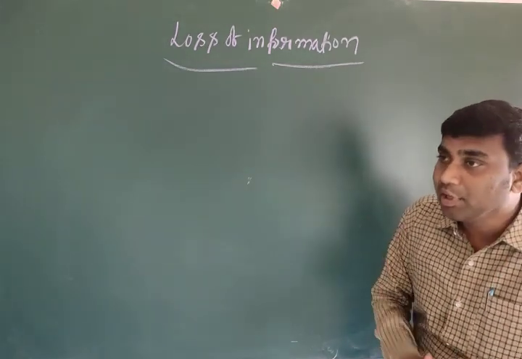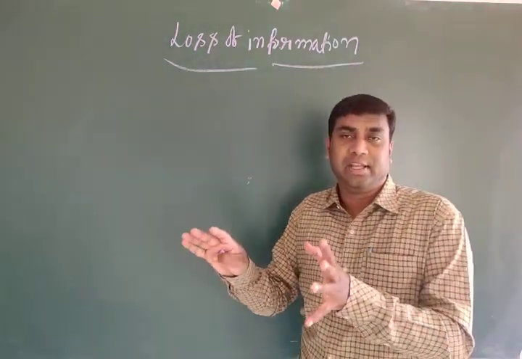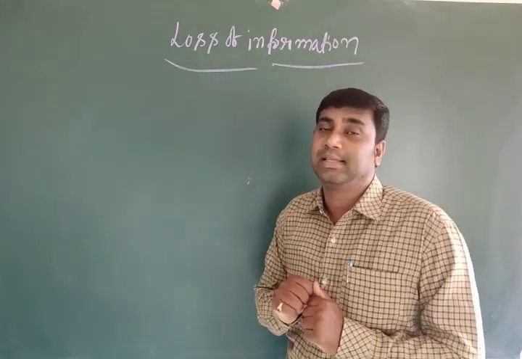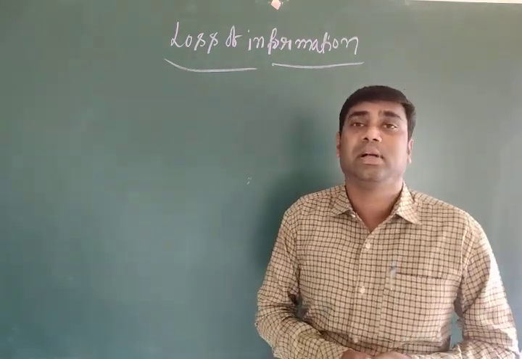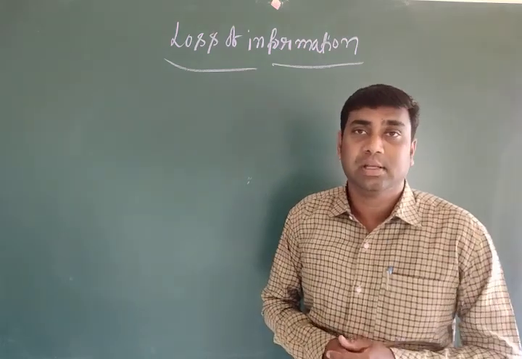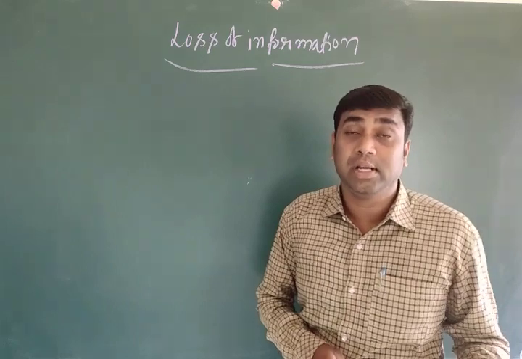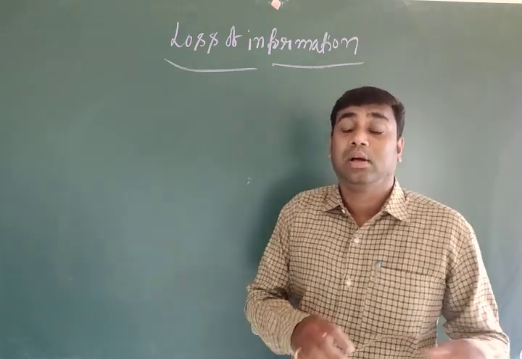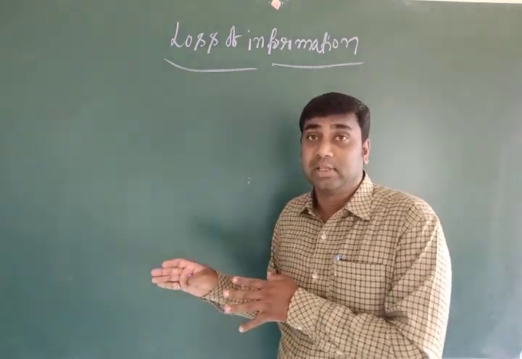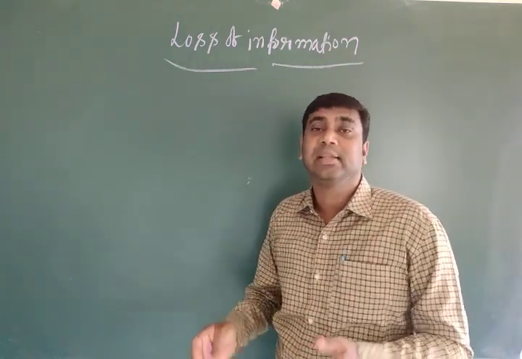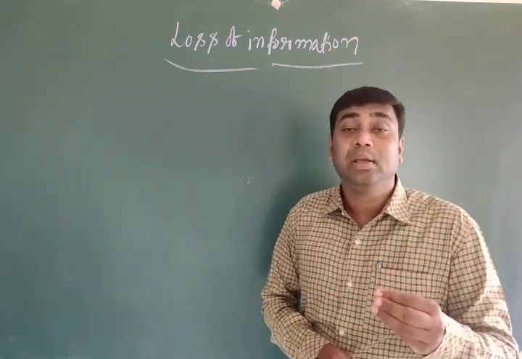There is also a loss of information while classifying raw data, because it depends upon the time, the place, the geographical area, and whether it is quantitative or qualitative. While classifying like this with tally marking, definitely it may happen.